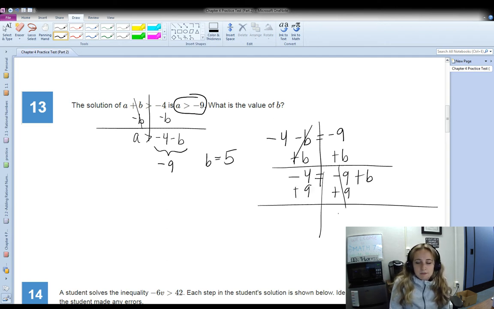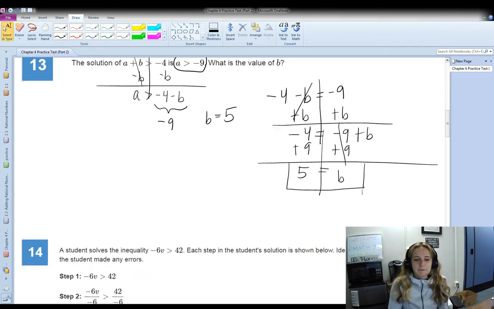And that is going to give me B equals a positive 5. So either way works. You can just know -4 minus 5 equals -9, or you can solve using your algebra steps. Either way works. But the value of B is positive 5.